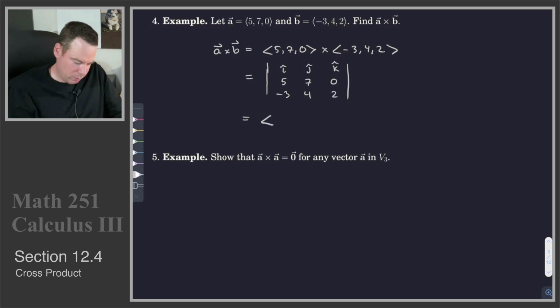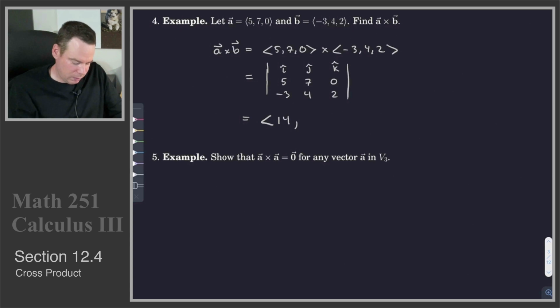So for the first component, we cross out the first column and first row. We work with this 2 by 2 submatrix, and it's 7 times 2 minus 4 times 0. So that's 14.